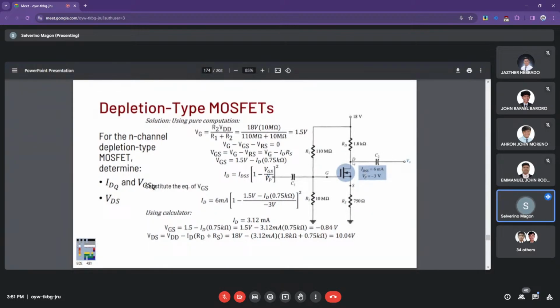But this sort of maintains that elevated output so as to allow for swings brought about by the input sinusoids. All right, so yeah, that's pretty much it.